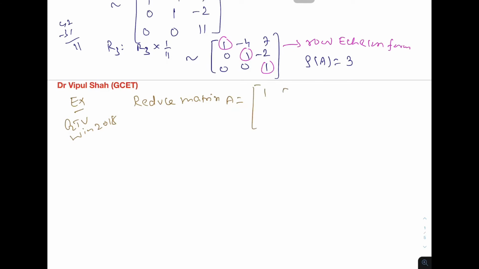1, 5, 3, -2, 2, 0, 4, 1, 4, 8, 9, -1, to row echelon form, and find its rank.